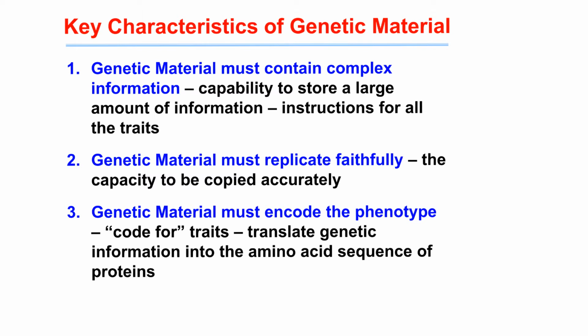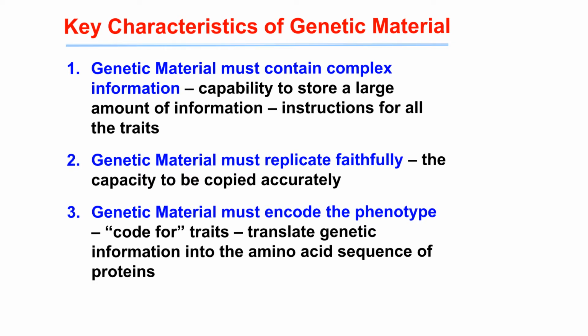And the last one, the fourth one, which is not outlined in this slide, is that genetic material must have the capacity to vary. You recall, variability is very important for evolution. If there was no genetic variability, there would not be evolution.